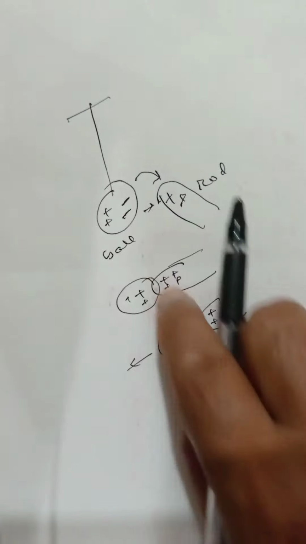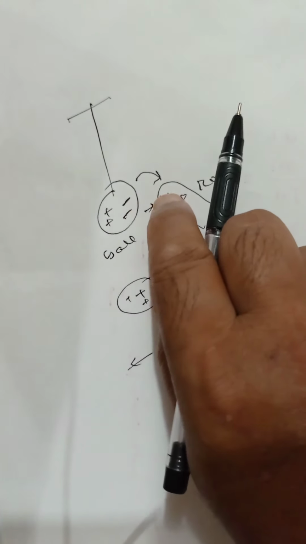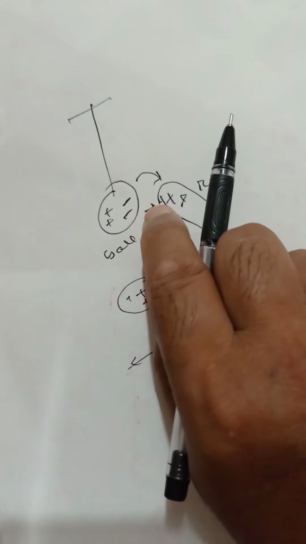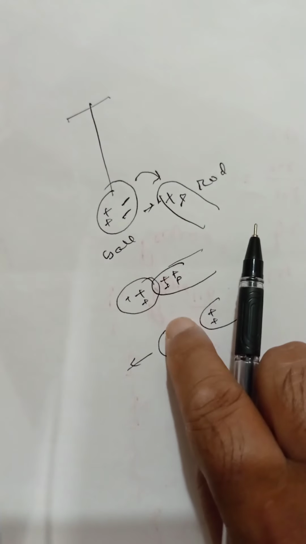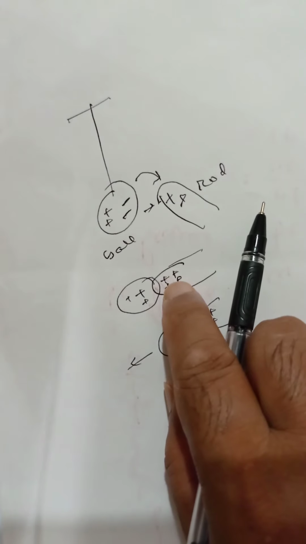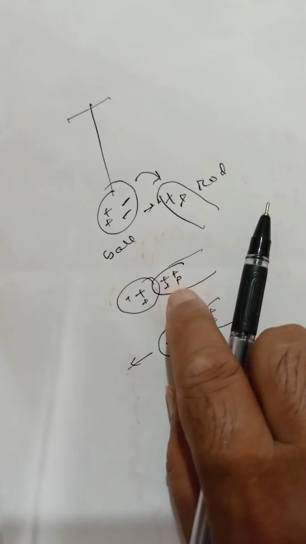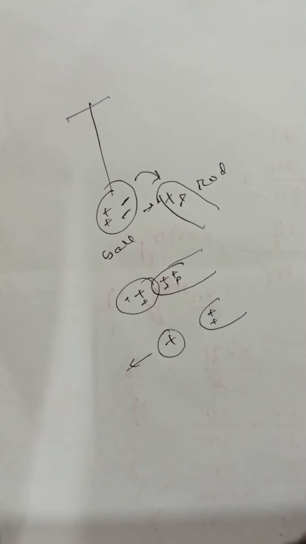This negative charge is called bound charge. Due to the attraction of this negative and positive, the pith ball comes very close to the glass rod and then touches it. When the pith ball touches the glass rod, these negative charges get neutralized and some of the positive charge moves from the glass rod to the pith ball. As a result, both of them get positively charged.